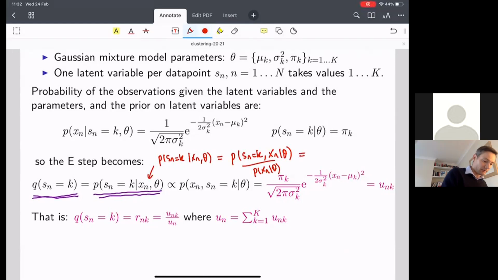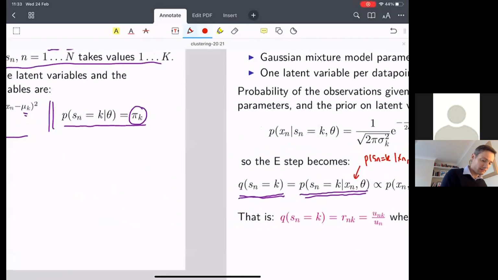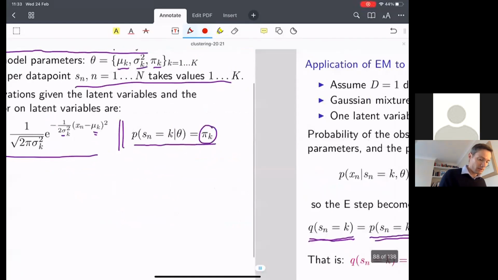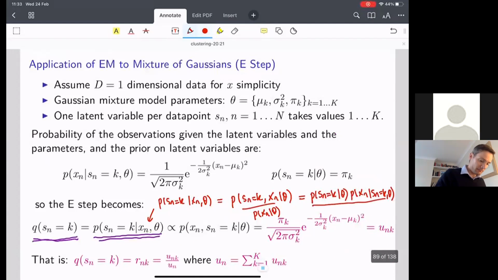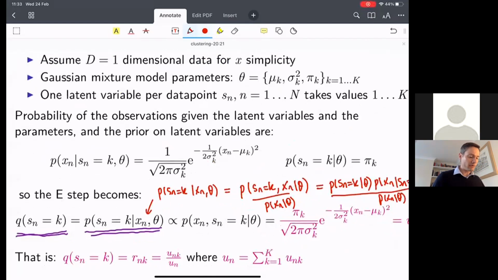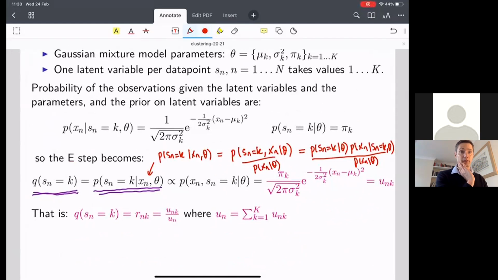And this thing is equal to P of Sn equals K given theta, times P of xn given Sn equals K and theta, divided by P of xn given theta. This is just simply applying Bayes' rule in this case.